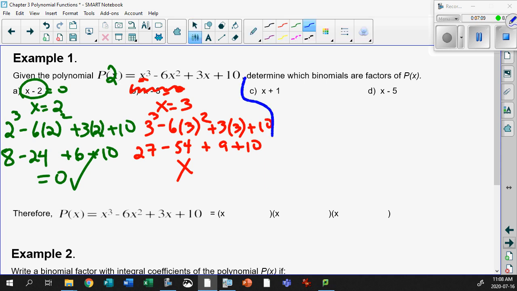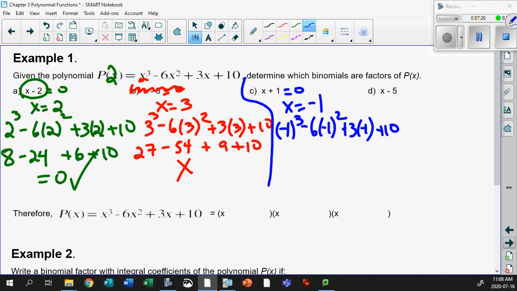Okay, let's do this one now. x plus 1 equals 0, so that means x equals minus 1. Pop in minus 1. Minus 1 cubed, minus 6 times minus 1 squared plus 3 times minus 1 plus 10. Wow, this is going to give us minus 1. That's going to give us minus 6.